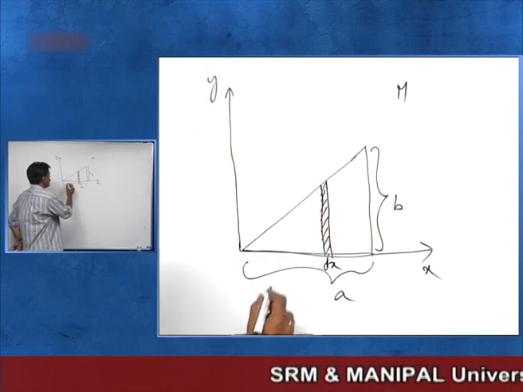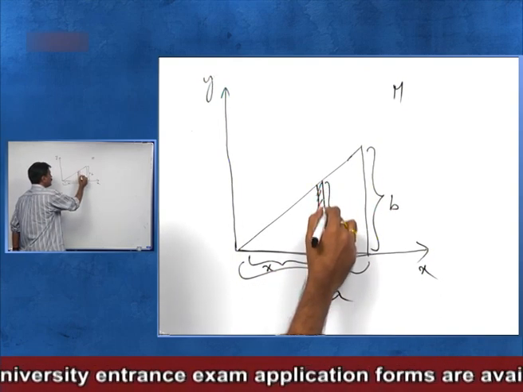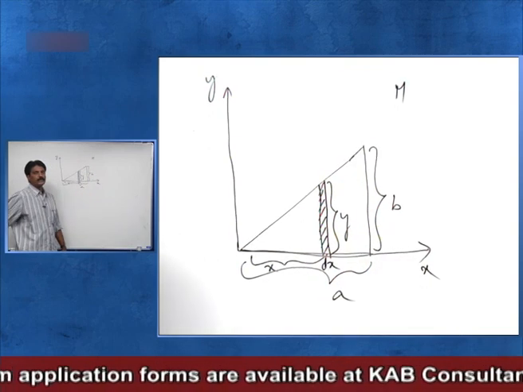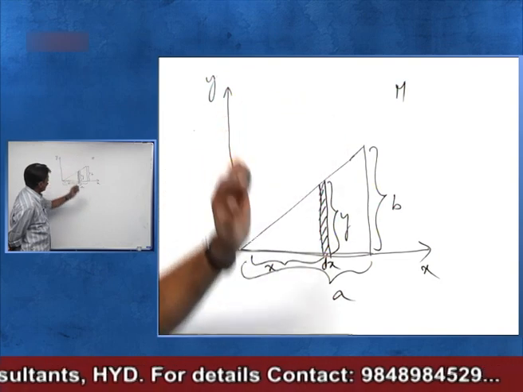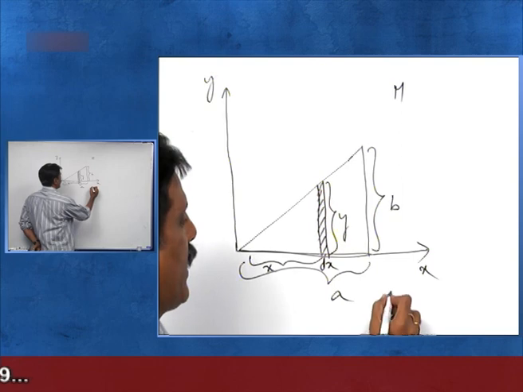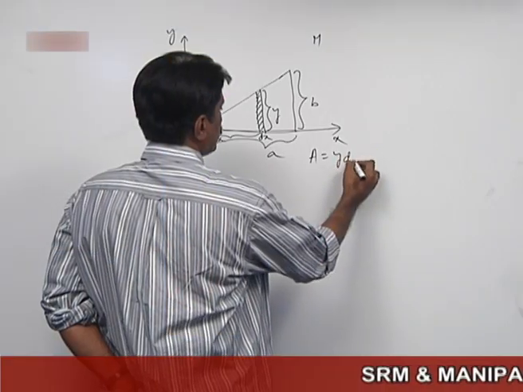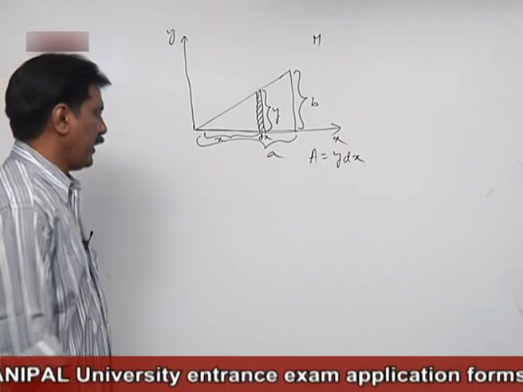At a distance x, you have selected an element dx whose height is y. So the height of this strip is y and its thickness is dx. Then the area of the element selected will be y dx.